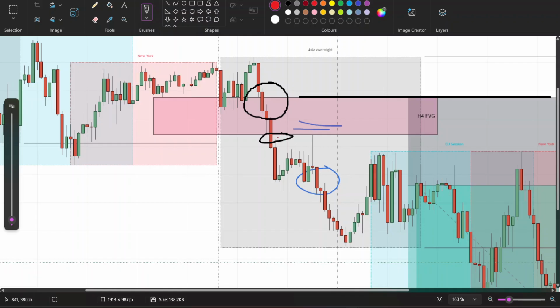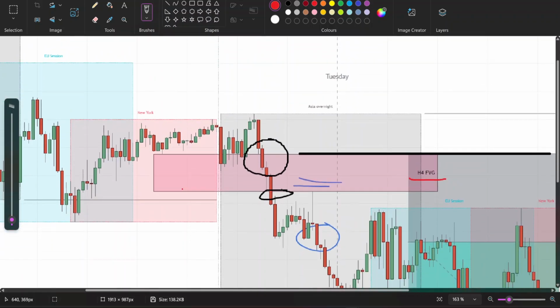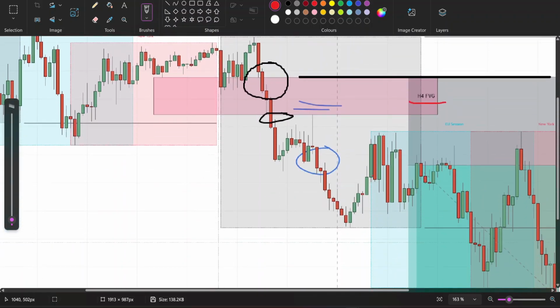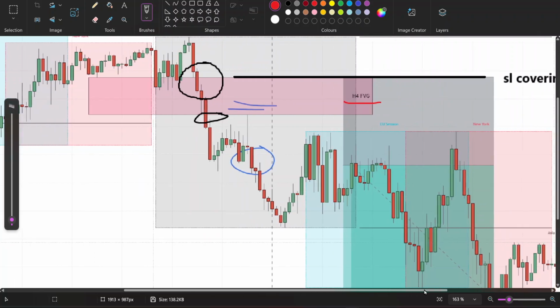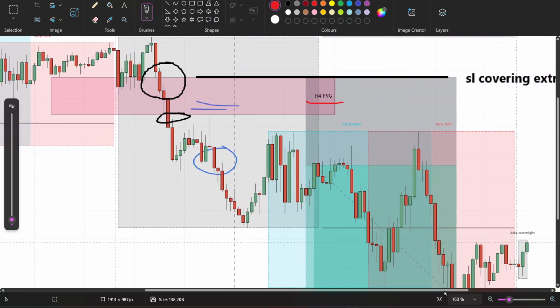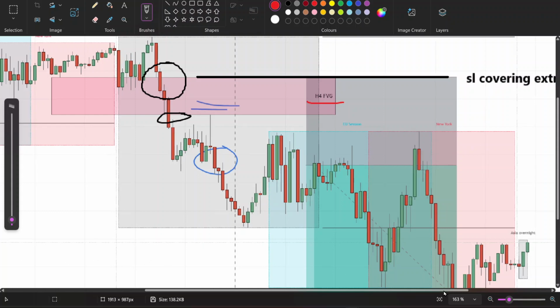There was some gap here, some display of force, so we get an H4 gap, and on another chart, the M15 chart right here. If the faster chart is displaying the same power as the slower chart, it's stronger, right? That's my idea on it.